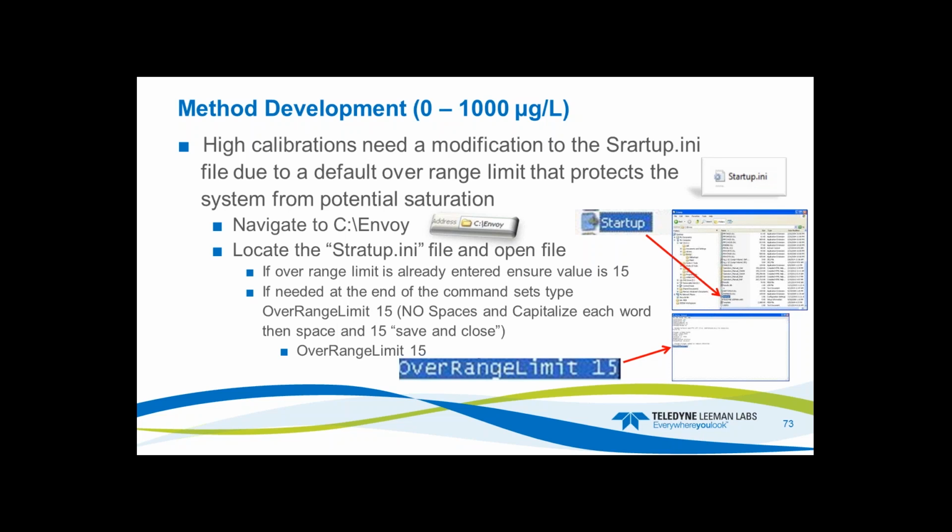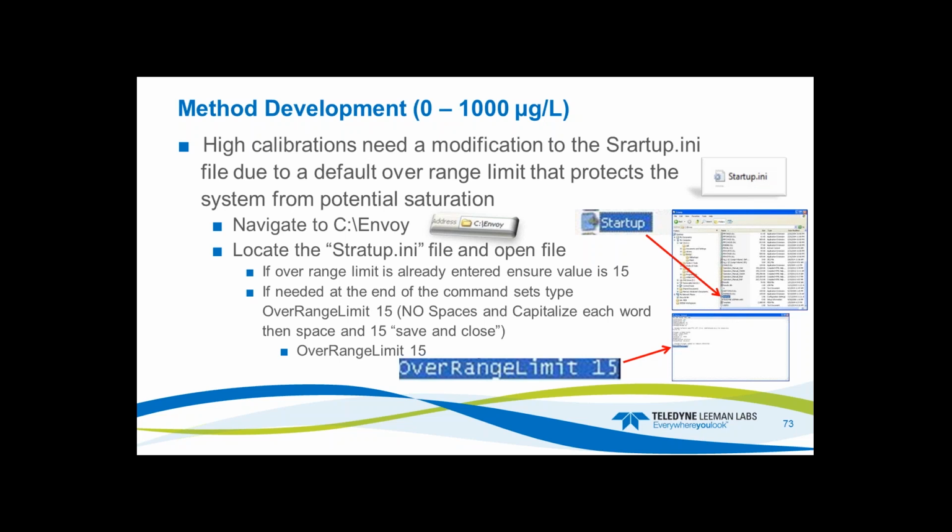And again, that is in there to protect the system from saturation. So if you have a saturation, it's going to check the rise and slope, and it'll kick that sample out, and it'll throw a flag, so you know you have a problem. But in our case, we want to run high concentration, so we need to modify this startup INI file.